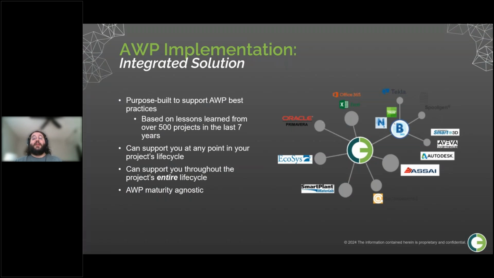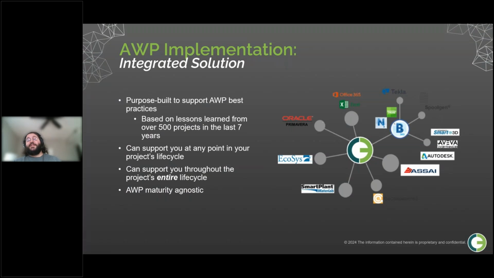And one thing we like to admit is that O3 does not replace all of your other tools. We don't come into your project and tell you that, hey, you need to change everything about your existing processes in order to make us work. Nor do we try to advertise that our product can give you all the functionality of all of the other software that you always use.